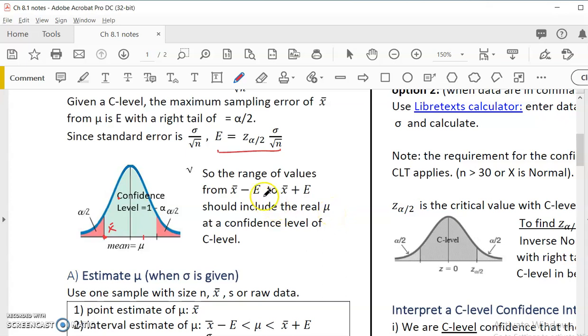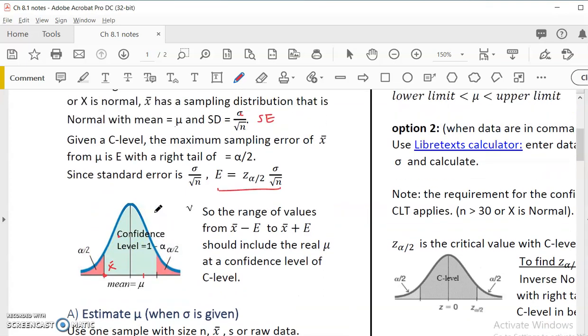Okay, so that means a range of values from X bar minus the margin of error to X bar plus the margin of error. Sometimes in layman's terms, we say plus and minus the margin of error should include the real mean at a confidence level of C, because these are what I identify as confidence. So that's what we are talking about.